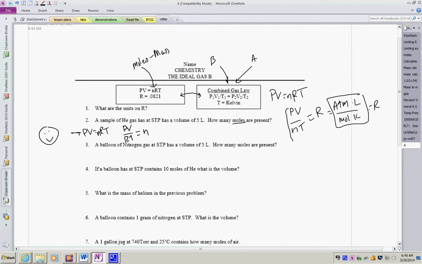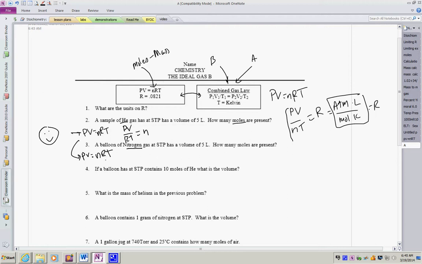A balloon of hydrogen gas at STP, 5 liters. How many moles are present? That doesn't look any different than the previous problem. I see, this one is helium, and this one is hydrogen. So, in reality, it's another PV equals nRT problem.